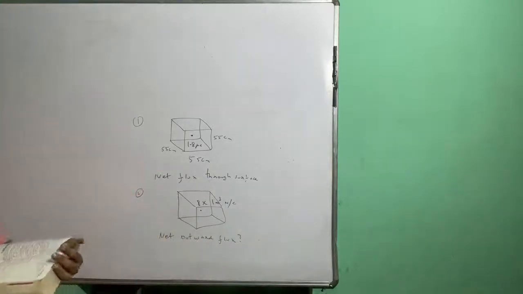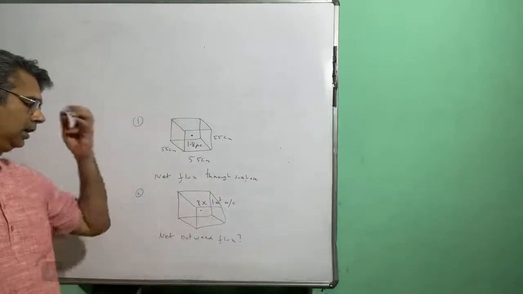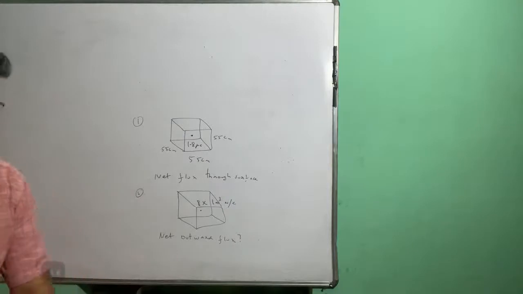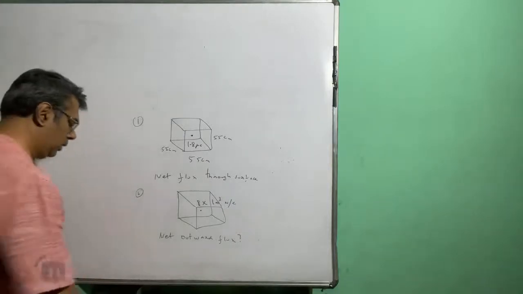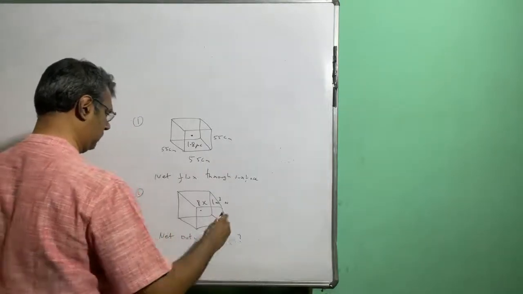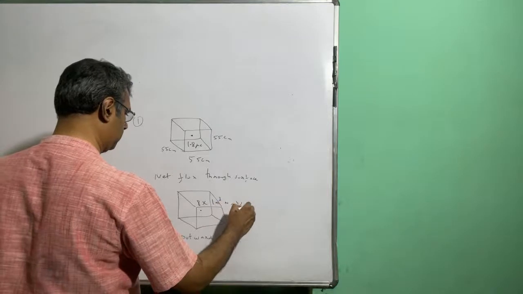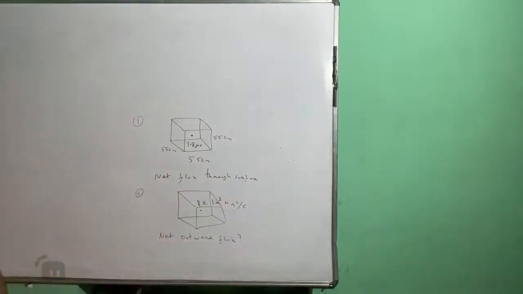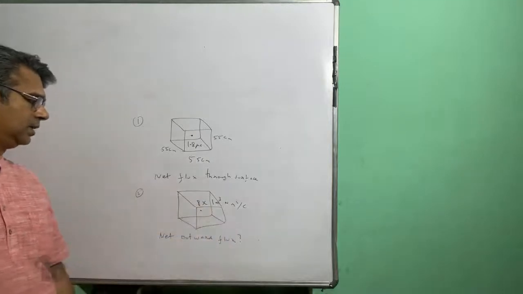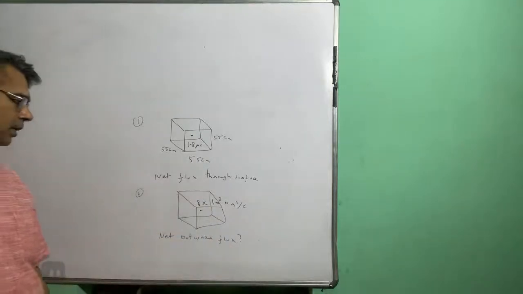Question number 2. There is a box, and through this box, the flux is 8 into 10 to the power 3 Newton meter square per coulomb.